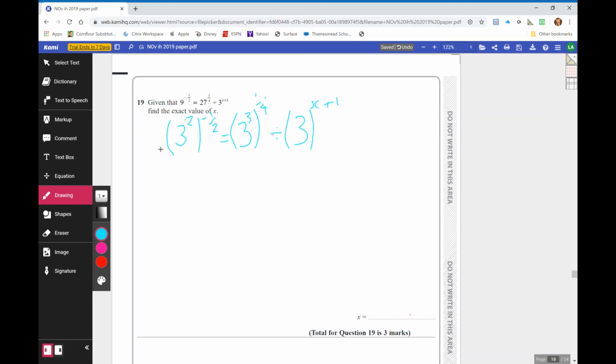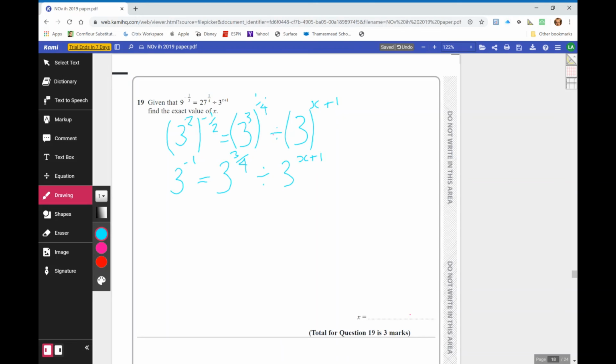We can multiply out the indices. So 2 times minus a half, 3 to the power of minus 1 equals, and then 3 to the power of a quarter, 3 to the power of 3/4, divided by, and then this is just 3 to the power x plus 1 for now.